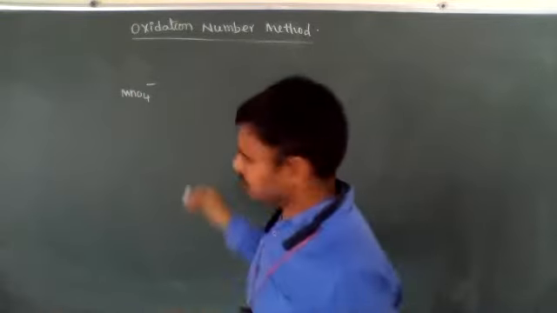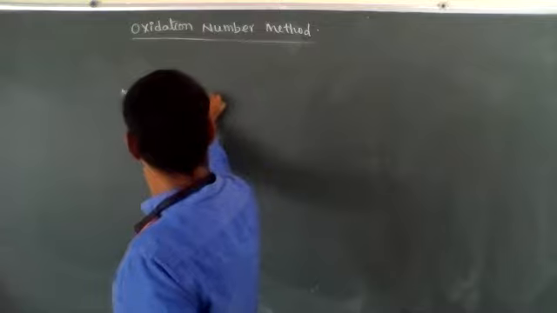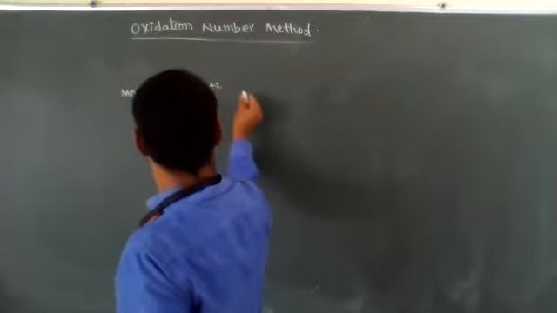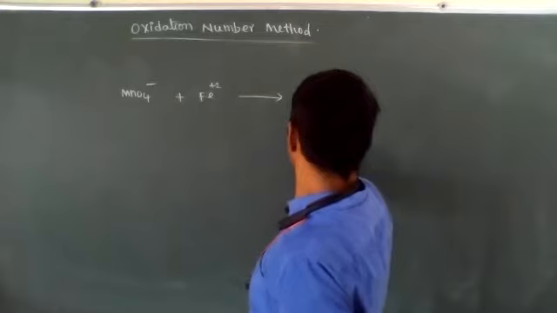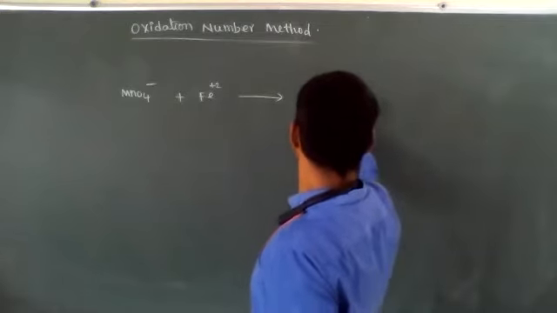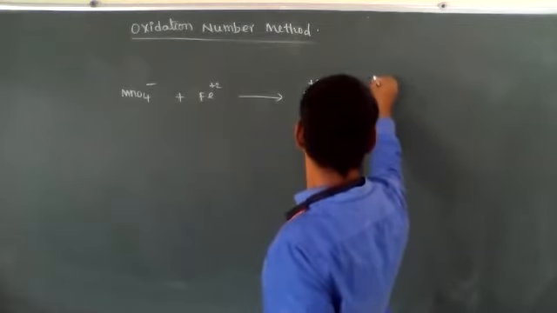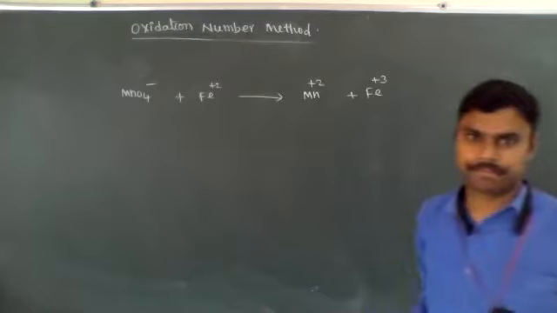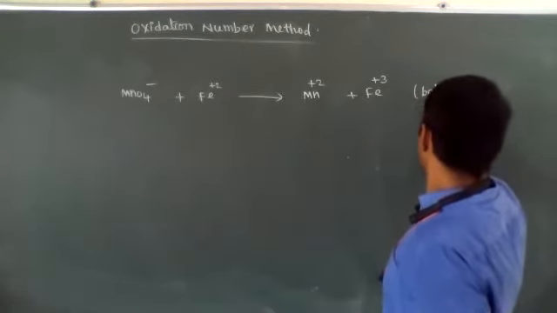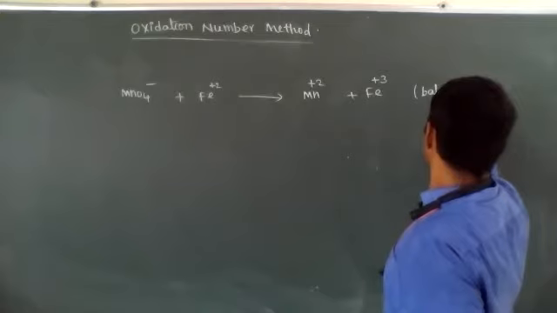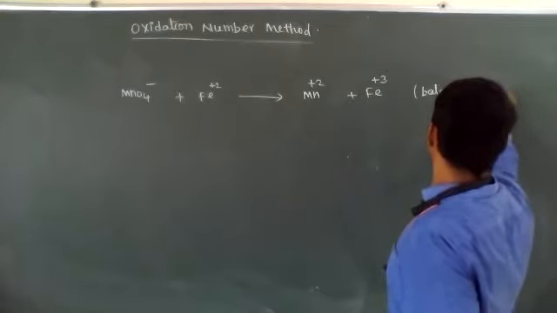MnO4 minus, Fe plus 2, Fe plus 3. Like that an equation is given, balance in acidic medium.